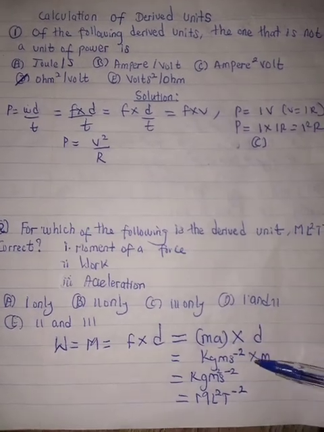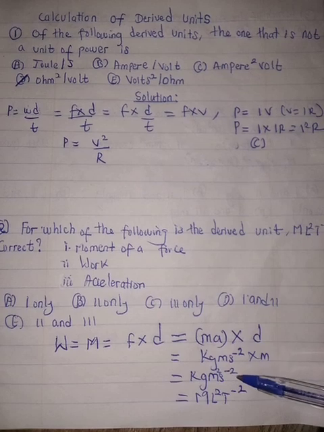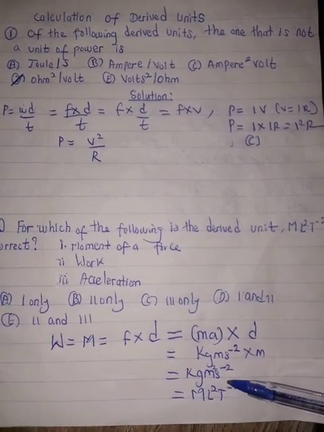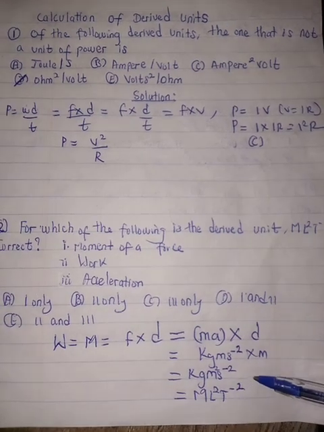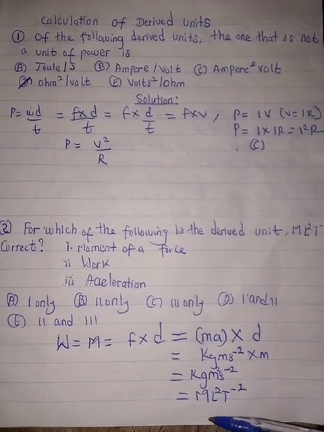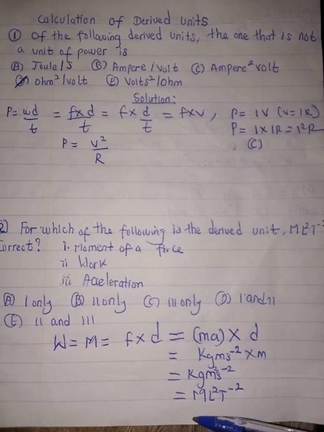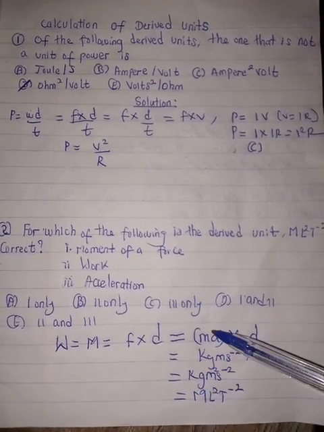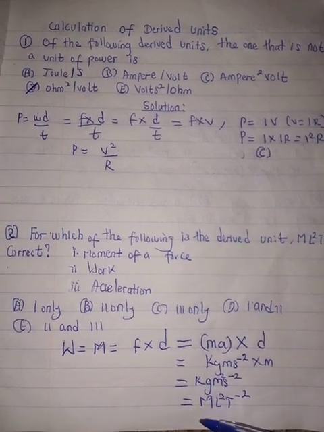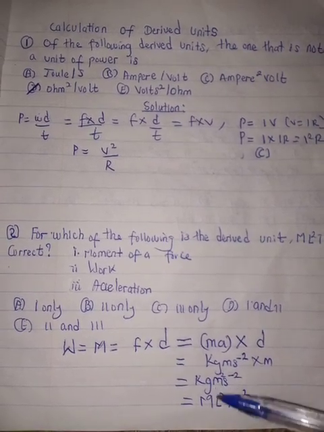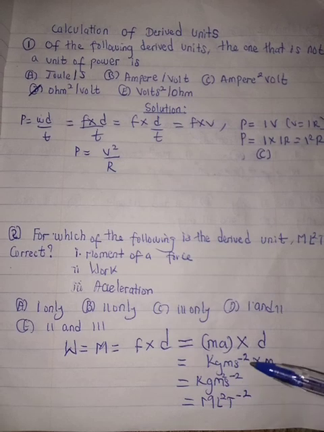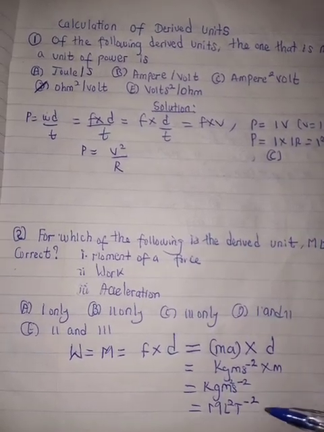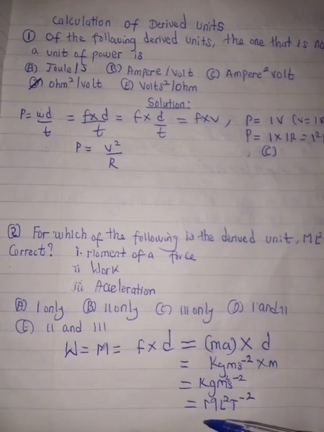Then when you multiply them together, you get kilogram meter square per second square equal to ML square T raised to power minus 2, because the quantity that has the derived unit, the unit kilogram is mass, the one that has the unit meter is length, then the one that has the unit second is time. So that's what dimension has to do.